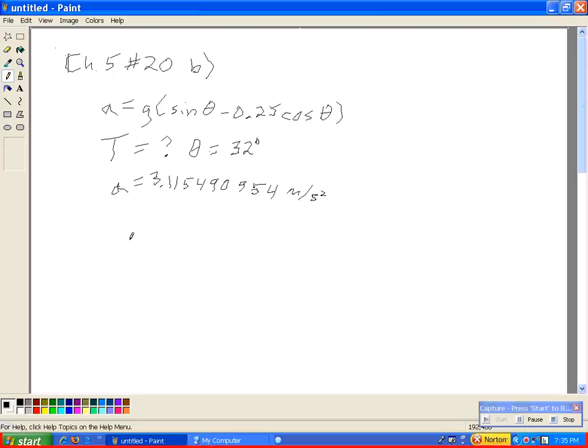Using one of the sum of the forces formulas that we found in part A, I'm just going to use the first one we did.